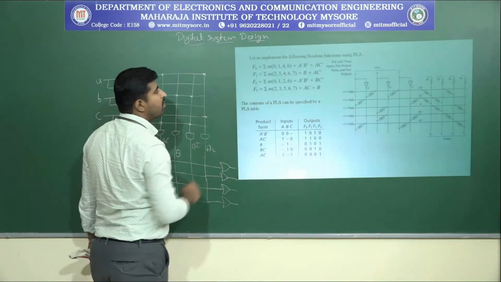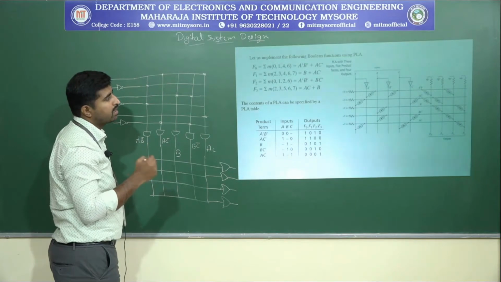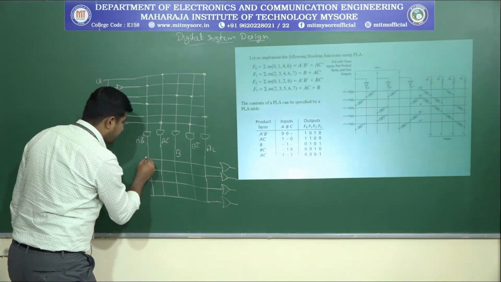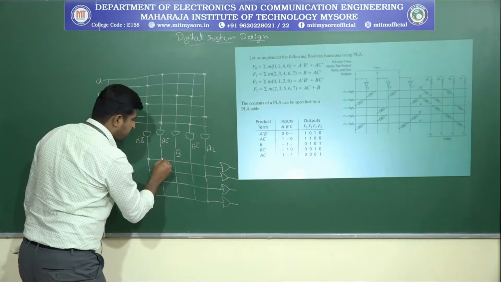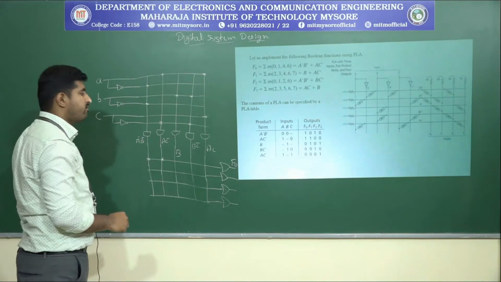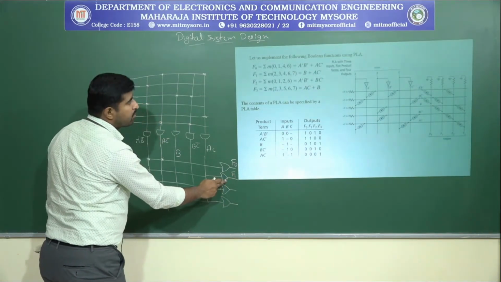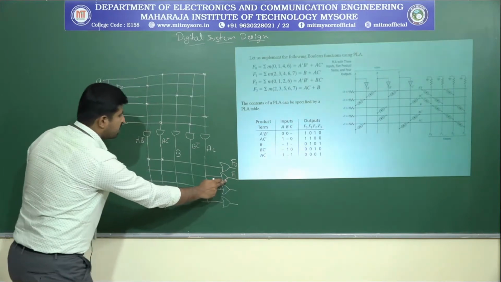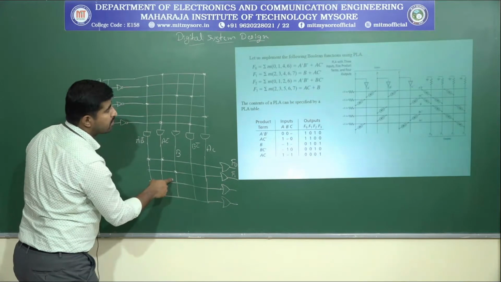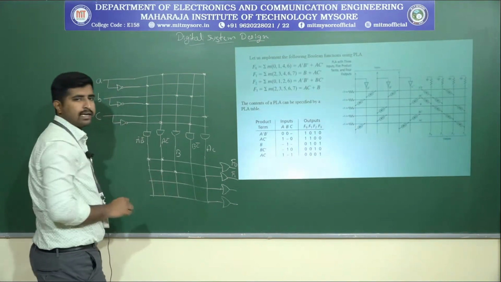The first function f0 will be implemented by ORing the A bar B bar product term and the A C bar product term. Similarly f1: this OR gate is programmed to implement f1, so it will have connections for B and A C bar.